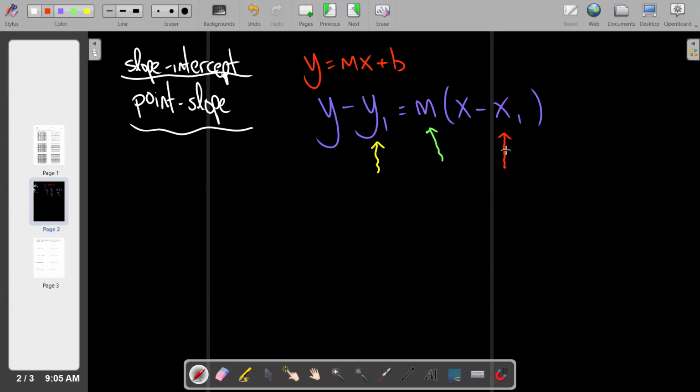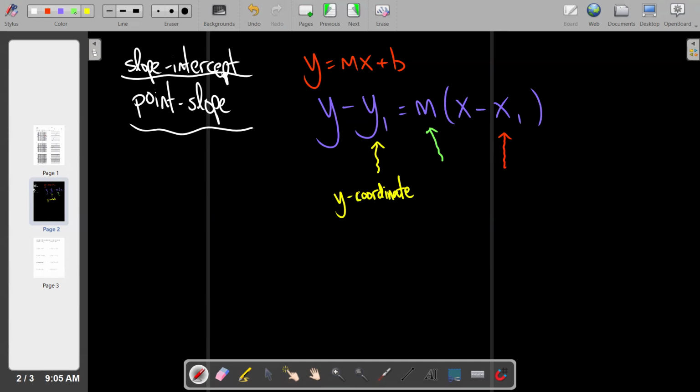You'll notice that I don't have any arrows pointing at the y and the x. Those are not going to change, okay? Those are going to remain there structurally. So in place of where the yellow arrow's pointing, that's where your y coordinate will go. And this will make a lot more sense in just a moment, okay?